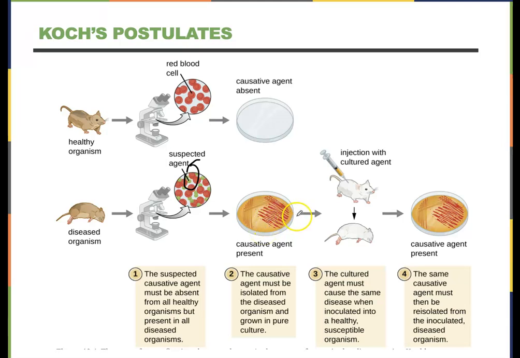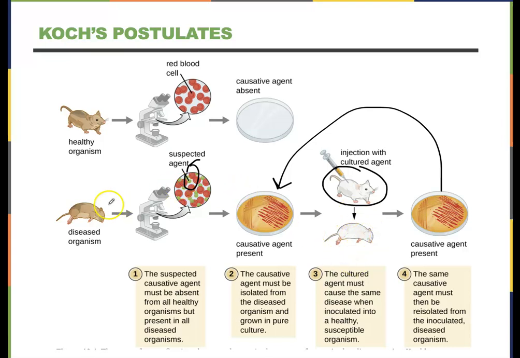and then he put the bacteria that grew into a healthy mouse. The healthy mouse, sorry guy, died of the disease, and then he pulled the causative agent out of the dead mouse. So basically what he proved was the microbe that he put into the healthy mouse is the same microbe that he can cultivate after the mouse died.